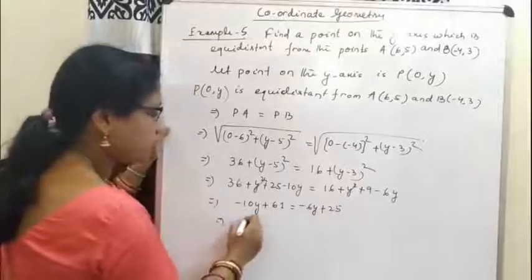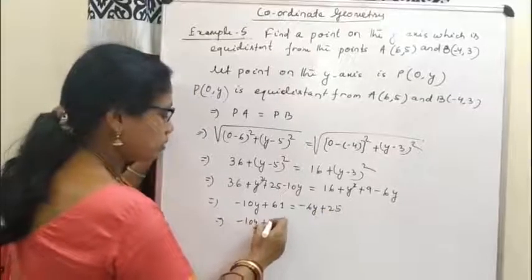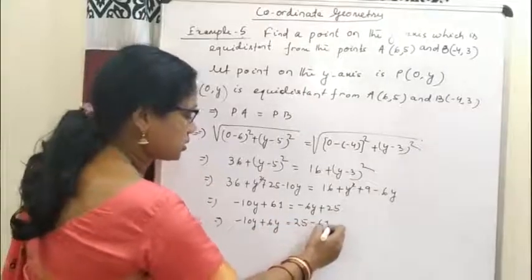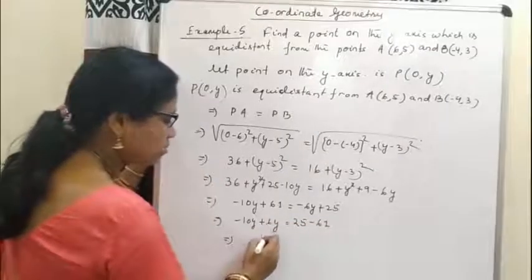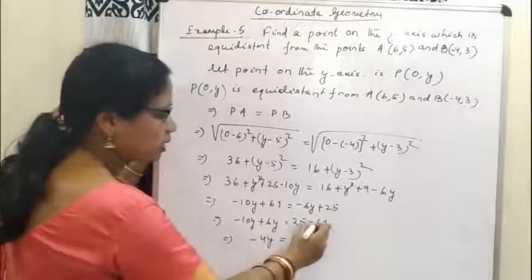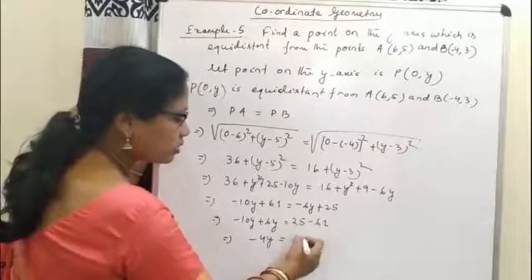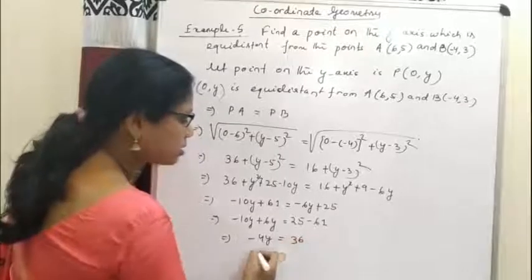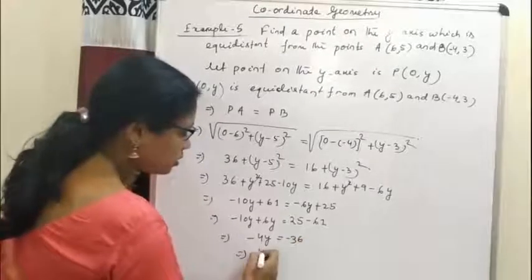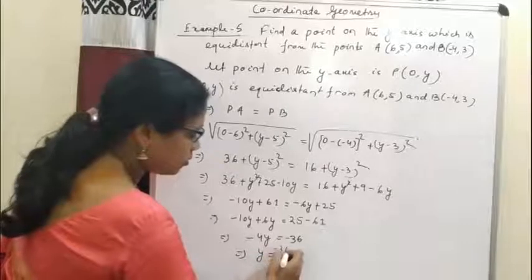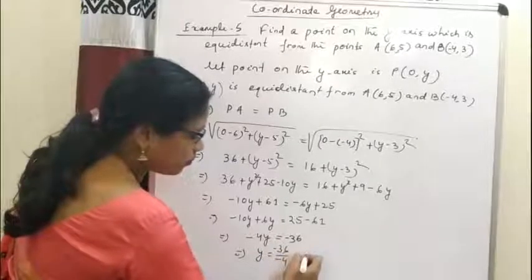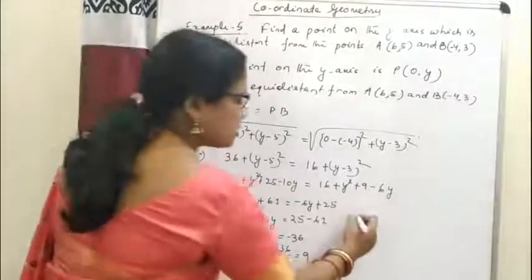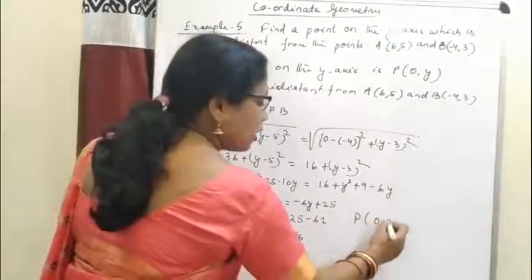This implies minus 10y plus 6y is equal to 25 minus 61, so minus 4y is equal to minus 36. This implies y is equal to 9.